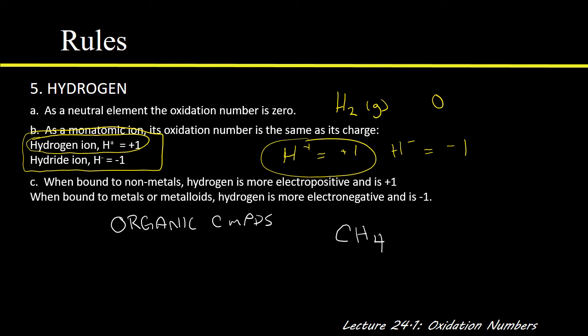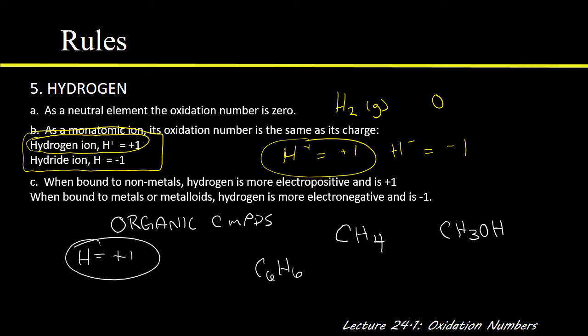So in organic compounds like methane or methanol or even benzene, C6H6, and all of these organic compounds, hydrogen is always +1. Okay? So in any organic compound, hydrogen is +1.